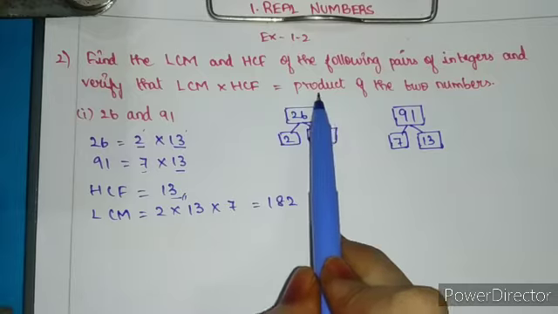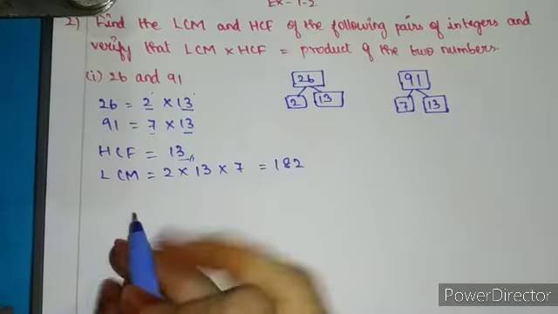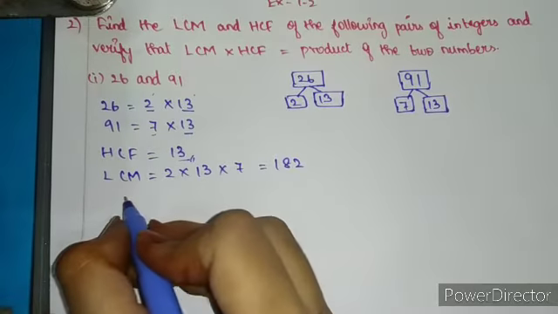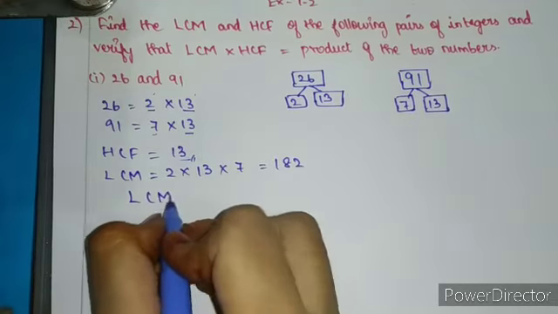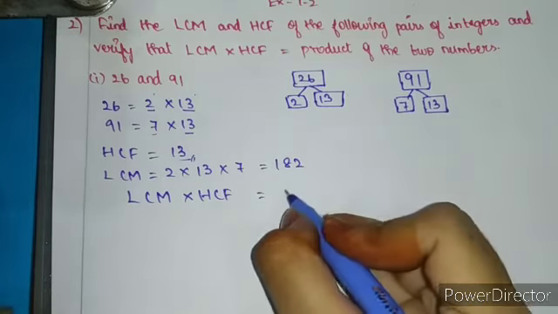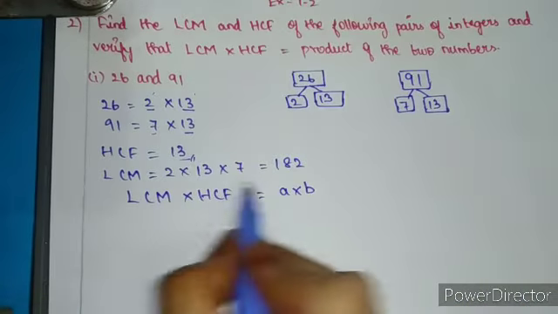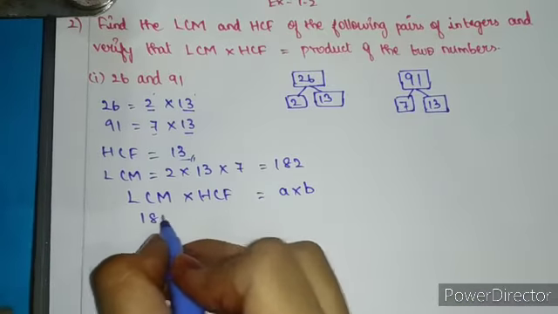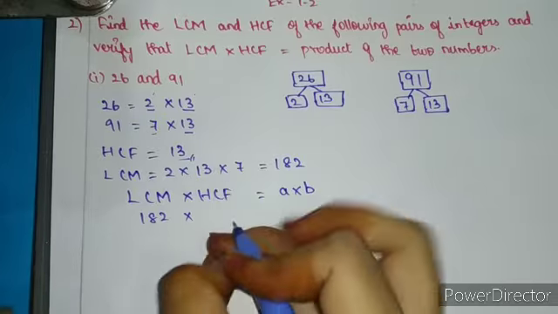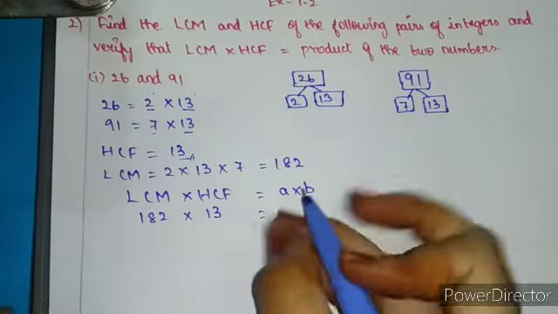So see in the question, once we found the LCM and HCF, verify that LCM into HCF is equal to the product of the two numbers. LCM into HCF is equal to, I'm just writing the product as A into B. So the LCM is 182 into HCF 13. And on this side, the two numbers are 26 and 91.